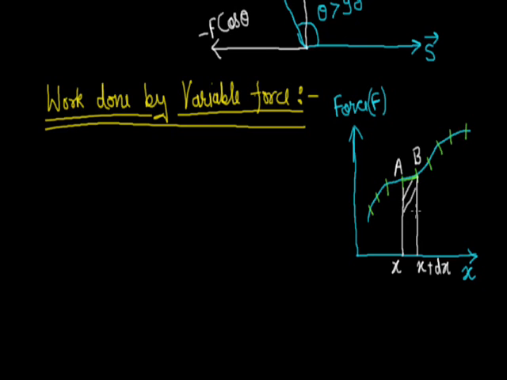So here we get a strip. Let the points corresponding on the displacement axis be C and D. In this case, the displacement between C and D will be dx.